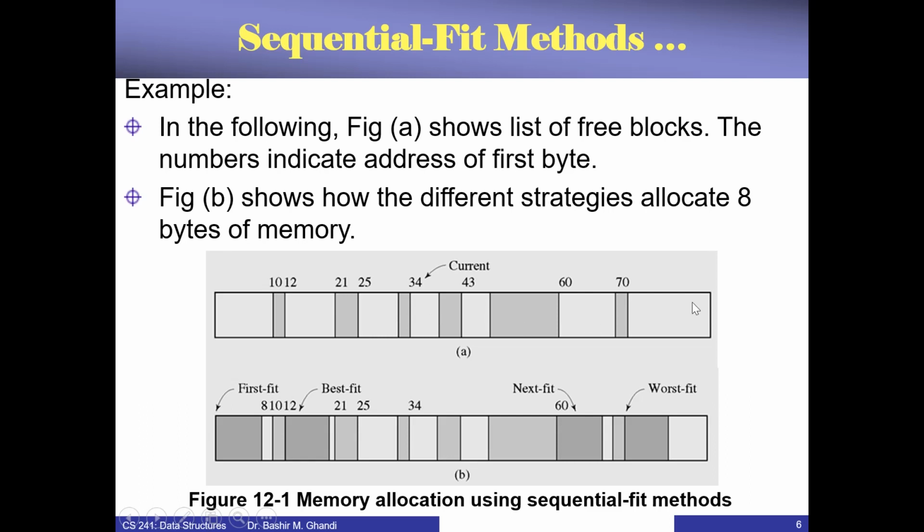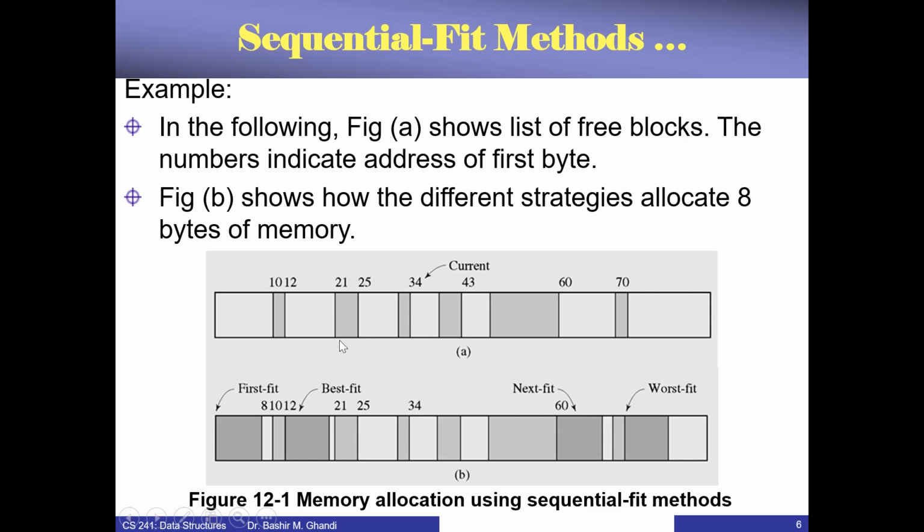This is 10, this is more than 10, and therefore the best one, closest in size to 8, is this one of size 9. So this is the one that the best fit strategy will choose. Like first fit, it will break the 9 into an 8 and a 1 byte. The balance of 1 byte here again is externally fragmented.